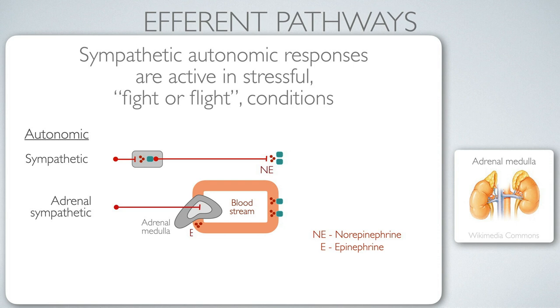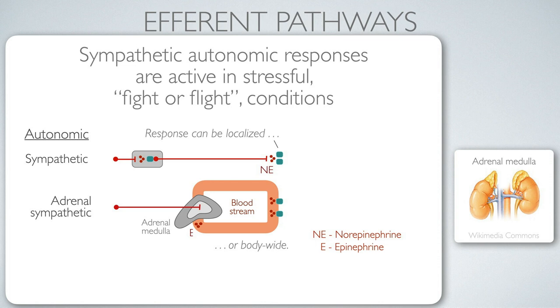And by having two sympathetic pathways, it allows for responses to be either localized, that is, through the release of norepinephrine by a presynaptic sympathetic axon, which can activate individual cells and not have the rest of the body know about it. On the other hand, the release of epinephrine can be body-wide. Any receptor that has either a beta 1 or a beta 2 can respond to that stimulus.